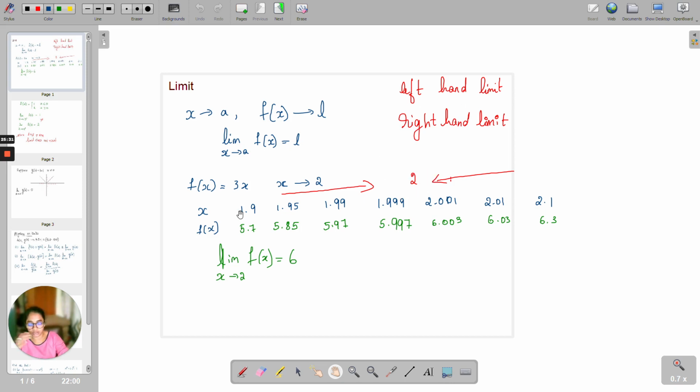All the values approaching the limit point from the left side is called the left hand limit. And all the values approaching the given limit point from the right side is called the right hand limit. Only when this left hand limit and right hand limit are equal can we say that the limit exists.